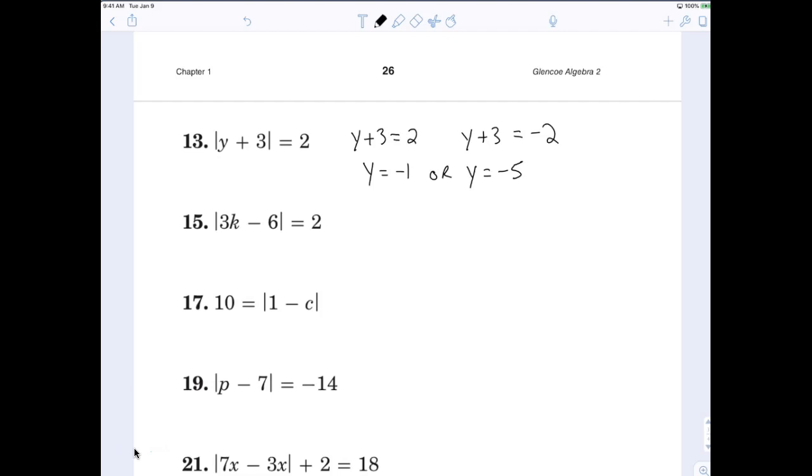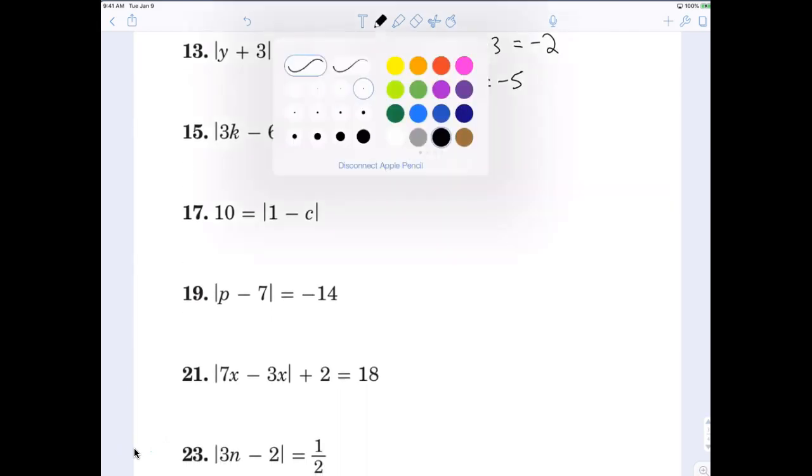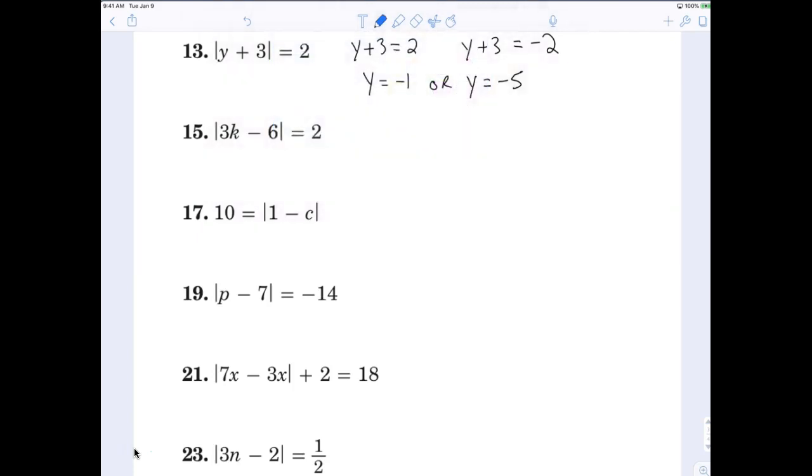All right, number 15. I have to write the equations twice. So, who wants to tell me the two equations? Go ahead, Carter. 3k minus 6 equals 2, and then 3k minus 6 equals negative 2. Okay.